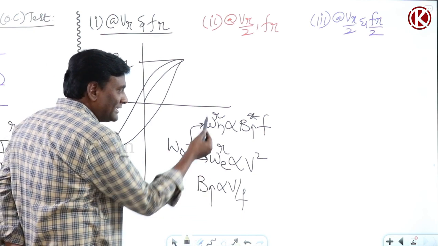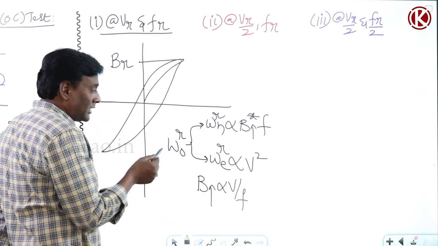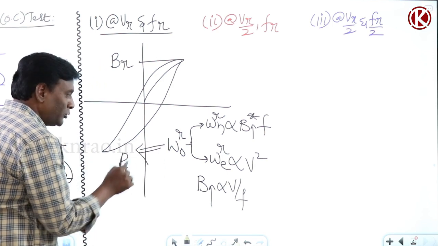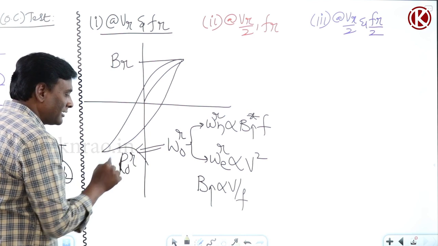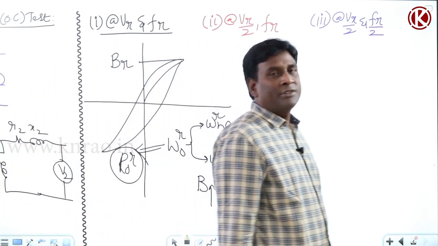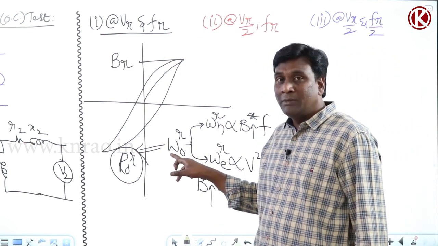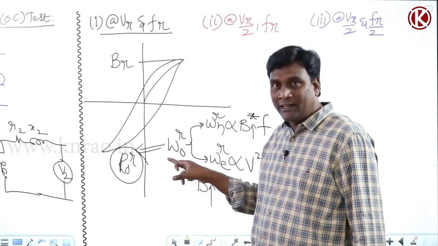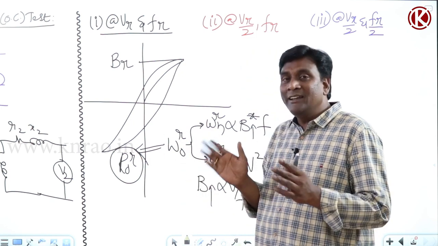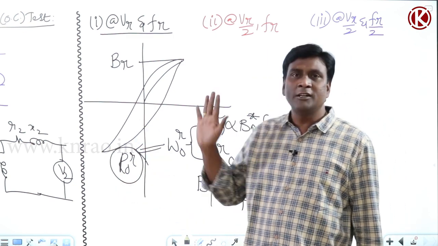So my core loss is going to be rated, which means that from W0, if I calculate R0, I can use this R0 in the practical analysis of the transformer, because my wattmeter reading has to be absorbed by R0 only. So you are going to get the rated R0.